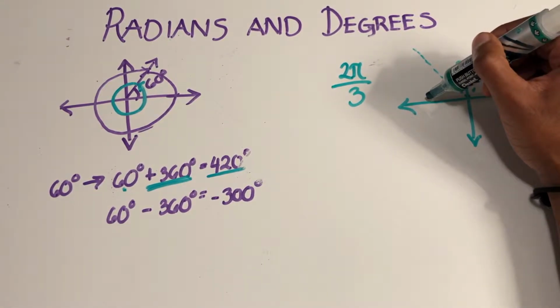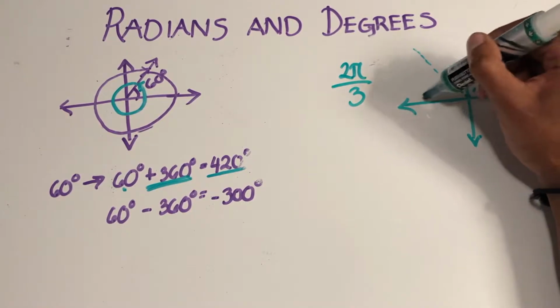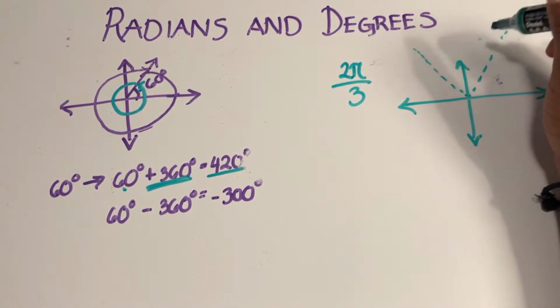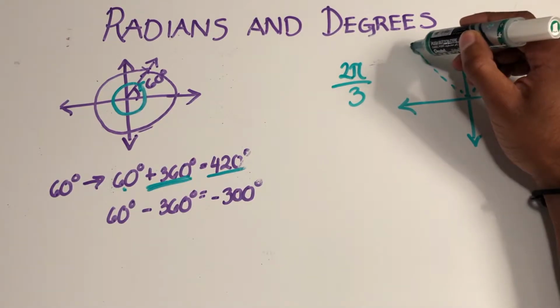And then another pi over 3 would be 3 pi over 3, which is just pi. So this rough sketch looks pretty accurate.